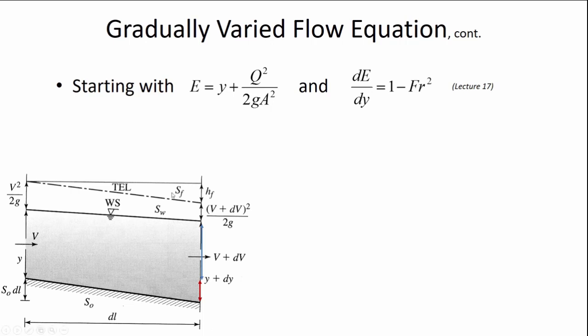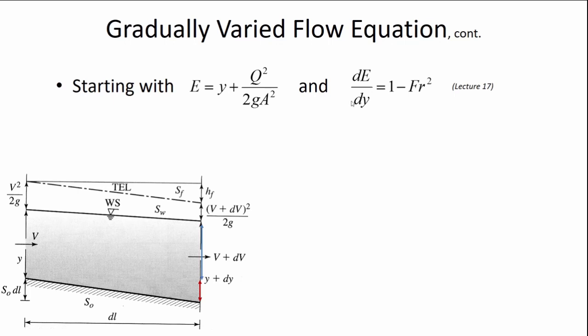Now to give you a bit of background, remember our definition of specific energy. At any location it's going to be the depth and the velocity head. Starting with the idea of specific energy, and then back from lecture 17, we had the idea introduced that the change in energy with respect to depth is 1 minus the Froude number squared.